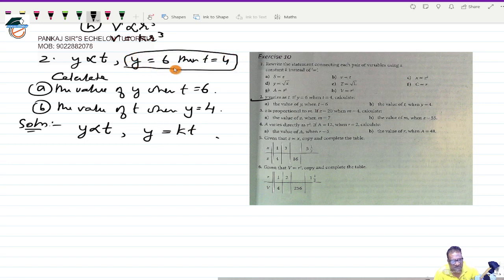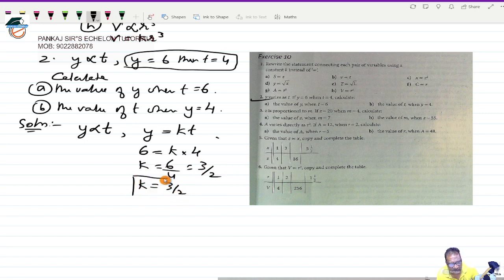That one set of values is given just so that you can find out the value of this k. Now replace these values in the equation y equal to kt. So you'll get 6 equal to k times 4, isn't it? So your k will be equal to 6 upon 4, which can be written as 3 upon 2. So you are getting k as 3 upon 2.